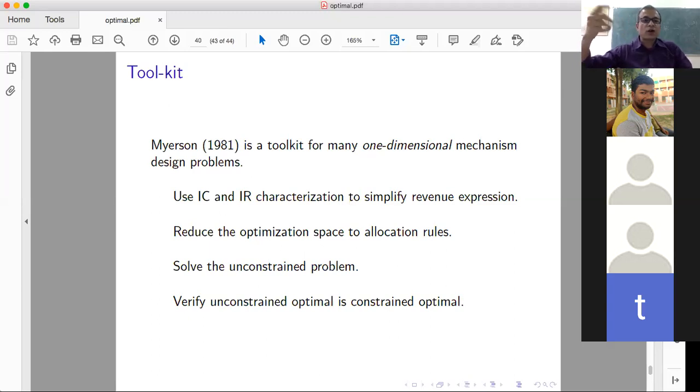Because it's 1 or 0, so you can never write it as a convex combination of other mechanisms. In mathematical terms, what we are getting is an extreme point with 0, 1 values. And it's magical that we get such a solution.